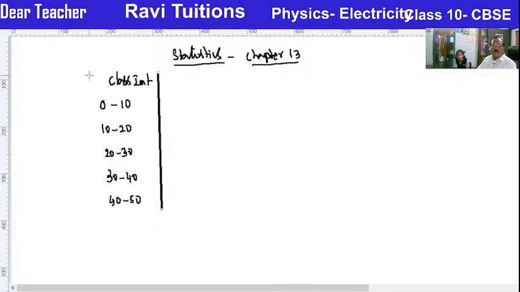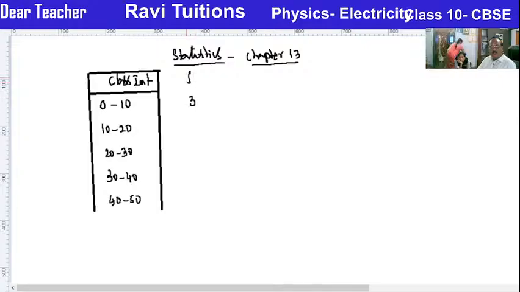And what does this group mean? Anything. If you are talking about marks, it will be about the marks. 0 to 10 marks, 10 to 20 marks, 20 to 30 marks, 30 to 40 marks. For example, in 0 to 10 marks there are only 3 students.